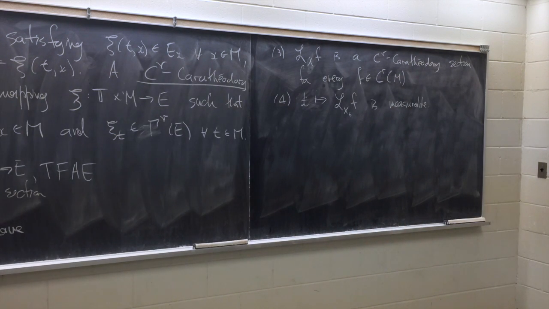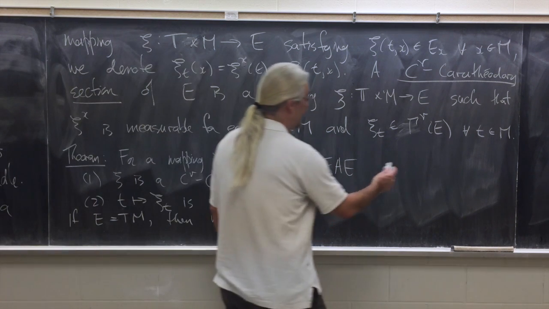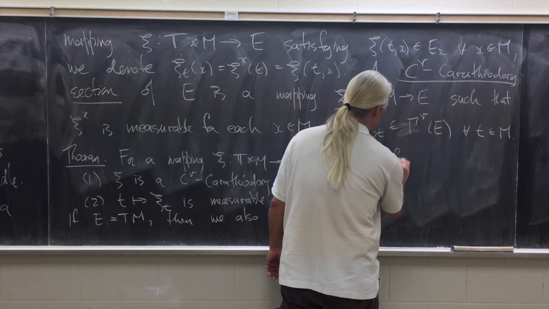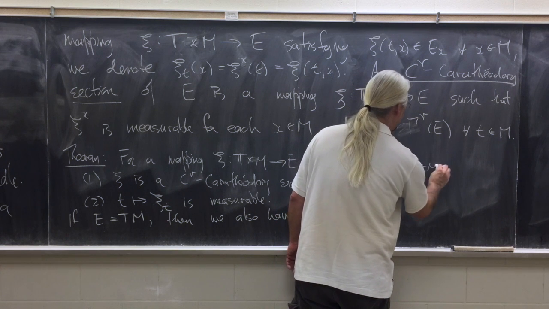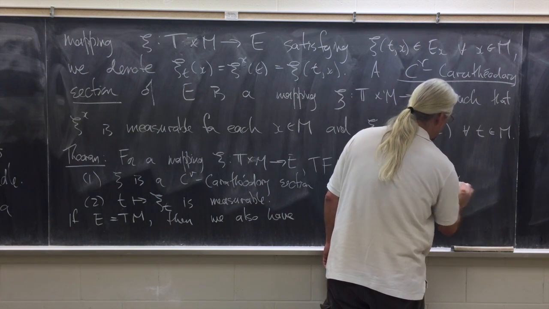So how do you prove this? Basically, the proof for all nu is the same, and what it amounts to is that you have these evaluation maps. For x in M, you have the evaluation map at x.